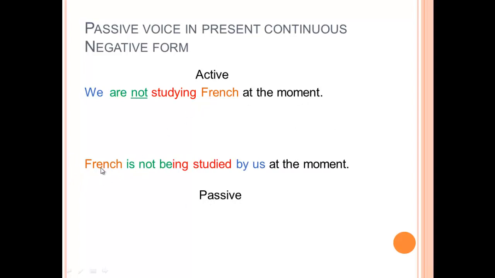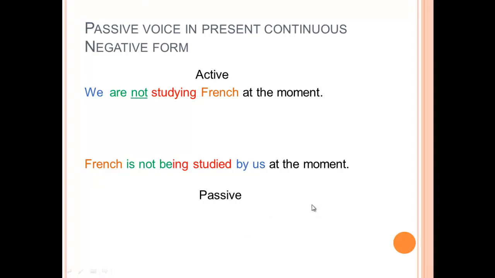French, let's start with the object. French singular is not, again, verb to be is followed with not, and being goes all the way down with the ing, and the verb study goes with past participle form, studied by us. The subject pronoun we is changed into object pronoun, which is us, at the moment.